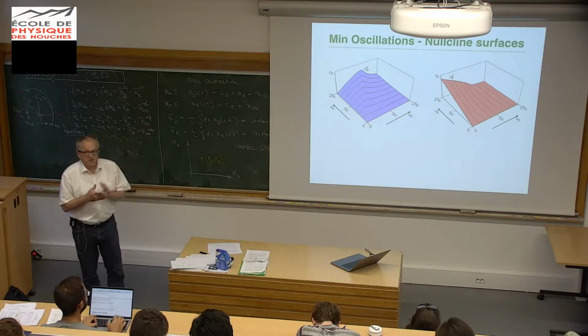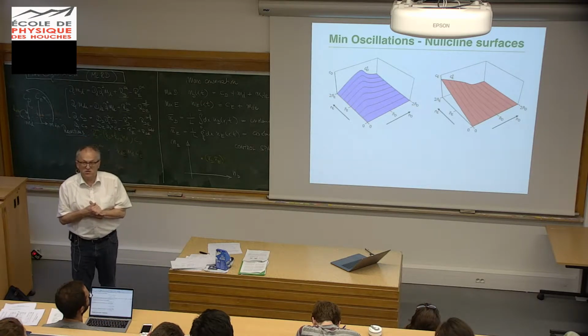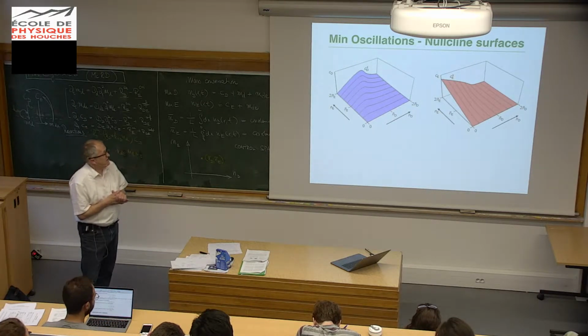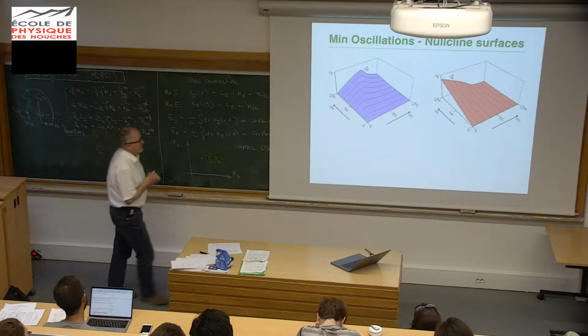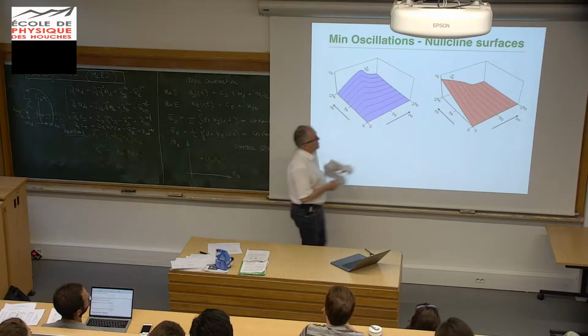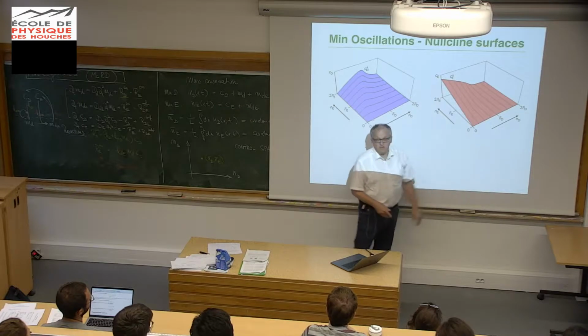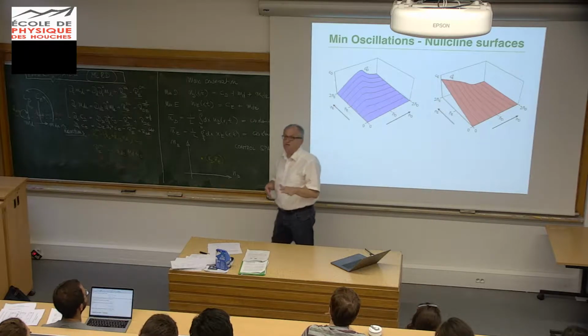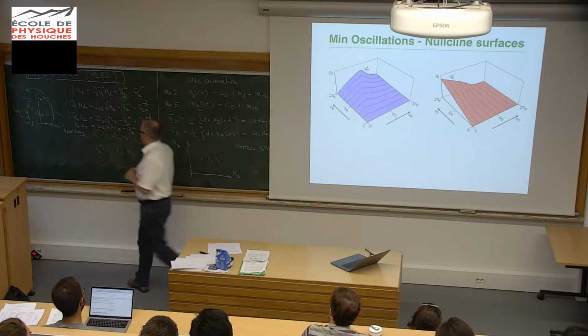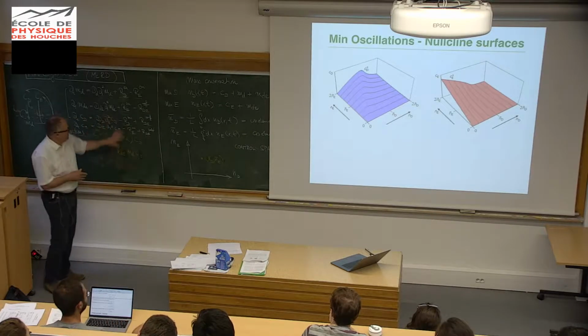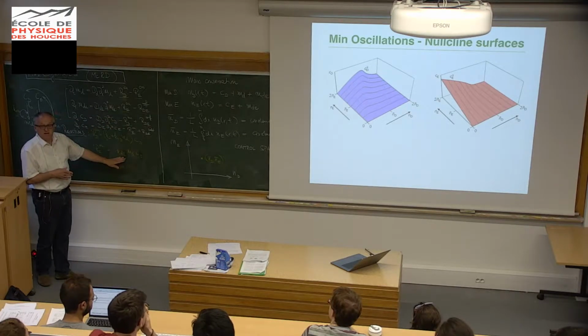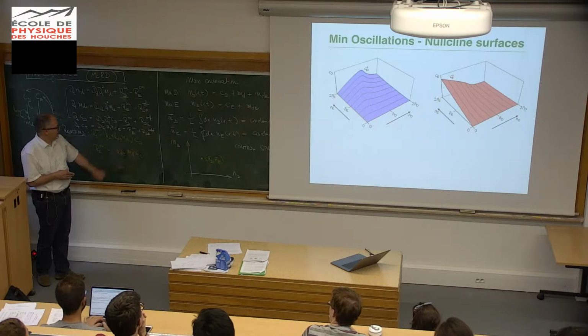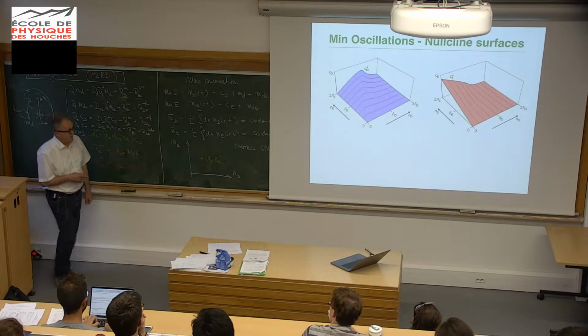As you can see, there's a characteristic difference between the two. The nullcline surface for the dynamics of min E is rather boring. It just goes downhill. That has essentially to do with the fact that the reactions concerning the species min E are very simple, namely just this term here and the off term there.